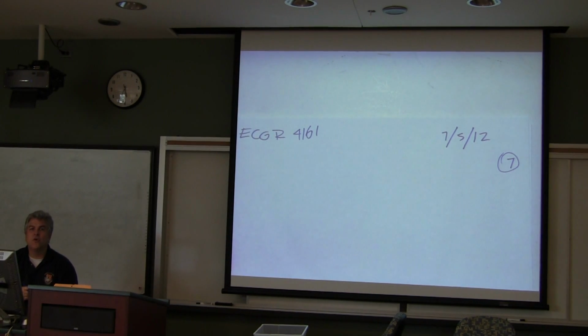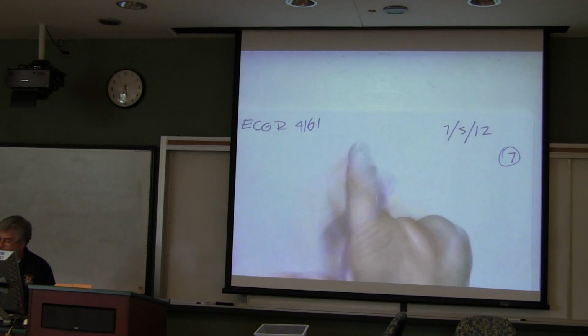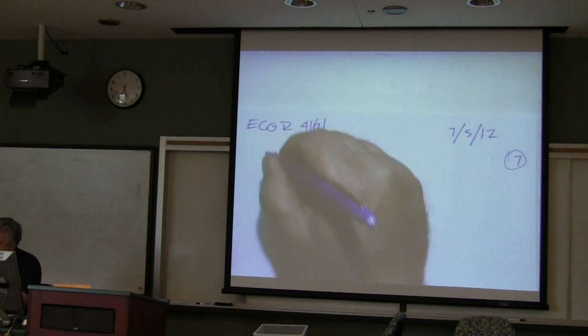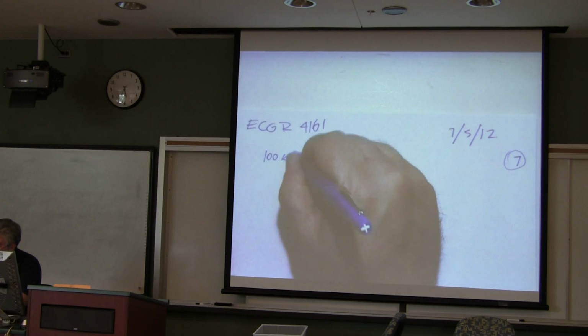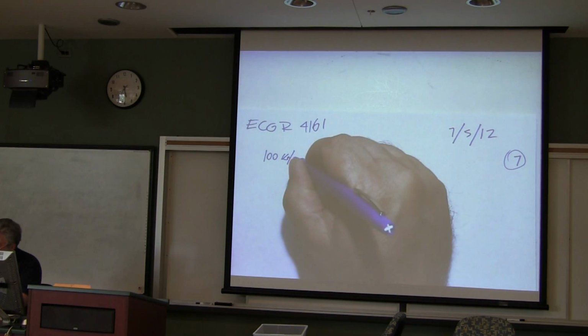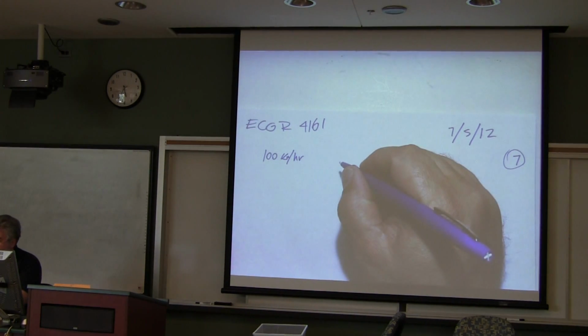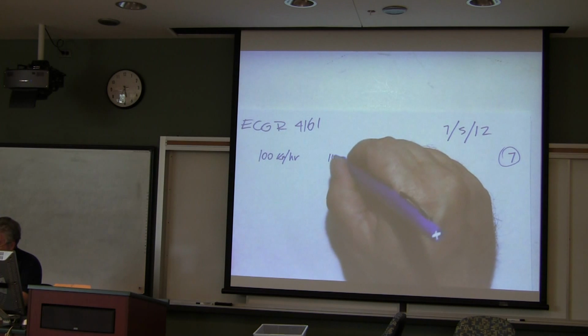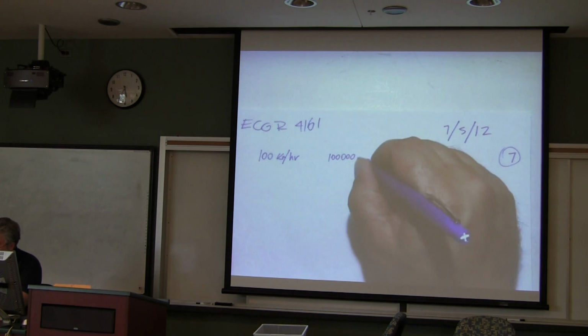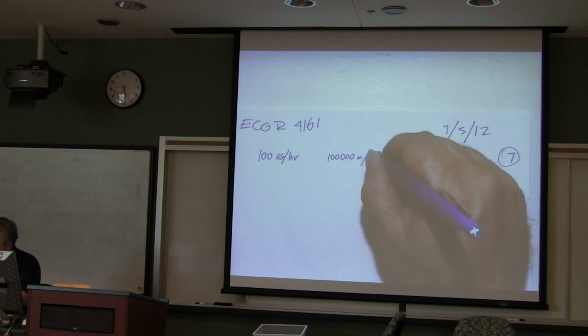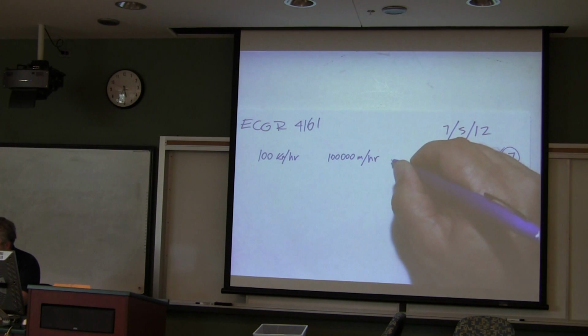All right, so we will do the quick solution for this. First off, the speed of 100 kilometers per hour is 100,000 meters per hour.